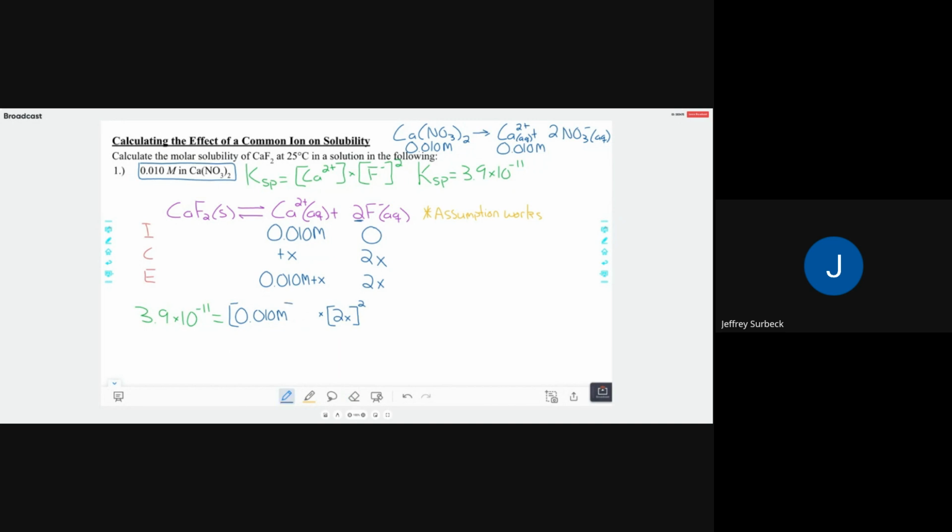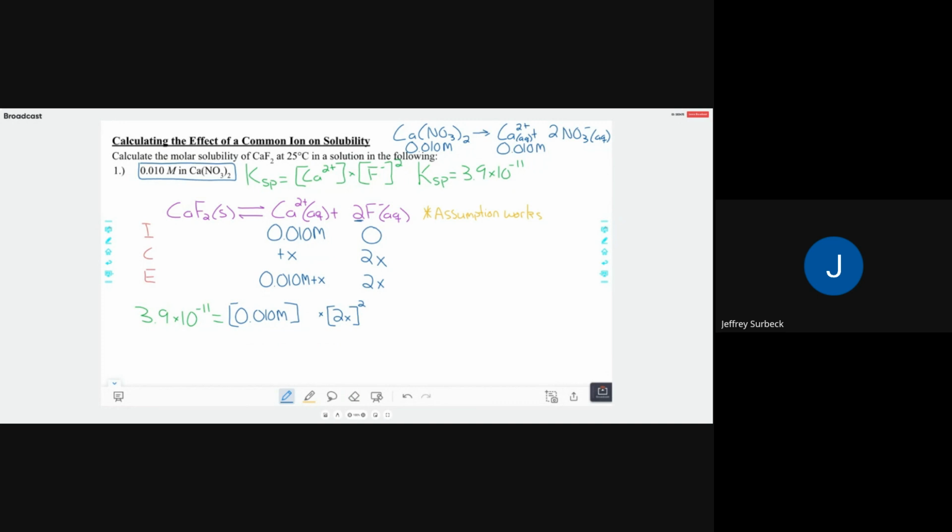Now I'll consolidate our equation. I take 2x squared, which becomes 4x squared, and then I take 4 times 0.01, and I end up with 0.04.